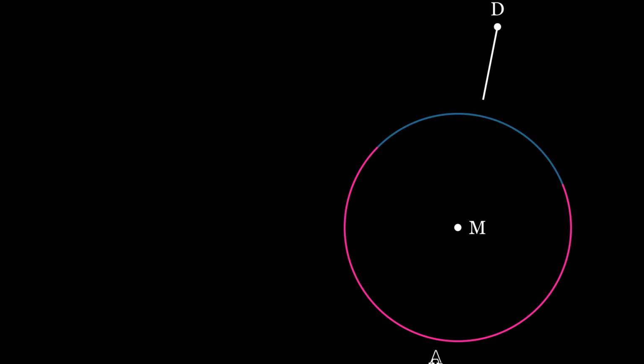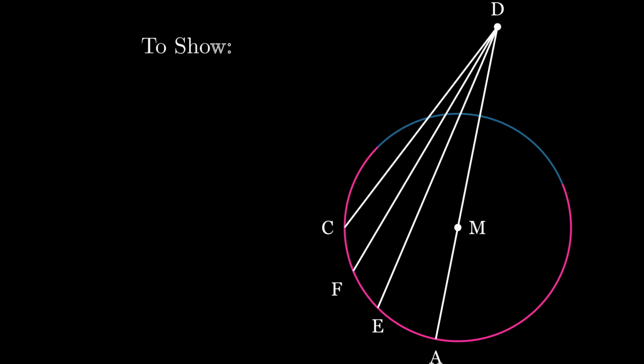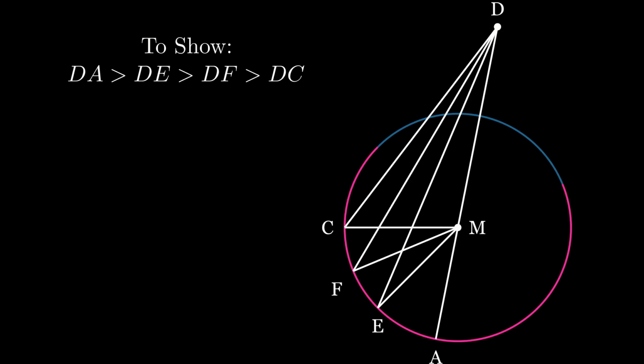Let's draw DA that goes through the center M, and DE, and DF, and DC. What we want to show is that DA is greater than DE, which is greater than DF, which is greater than DC. First, connect ME, MF, and MC.